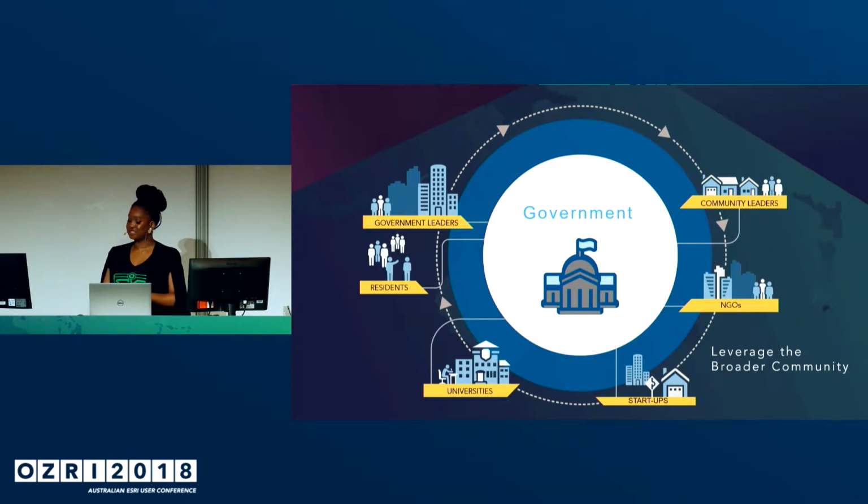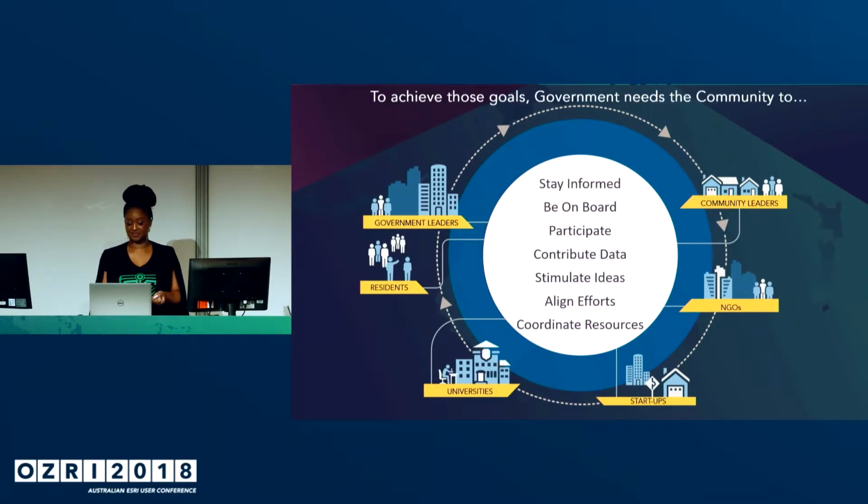So the Hub enables the community and the government to come together, so the government can leverage the broader community of organizations and agencies to realign goals and make informed decisions. So governments can leverage the community as an intelligent and capable addition to their existing workforce.